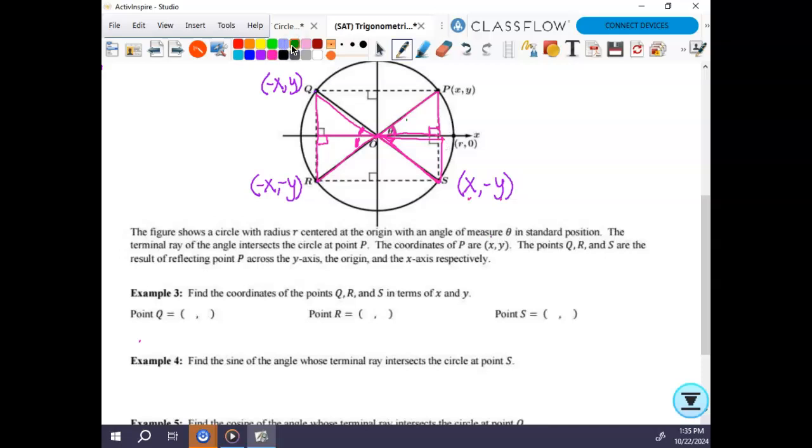Because then this is x, this is negative y, this is r. So when we find the sine, the y value over the radius, or again, opposite over hypotenuse, you get negative y over r. It's down there for example 4. We basically did this one on the other one.